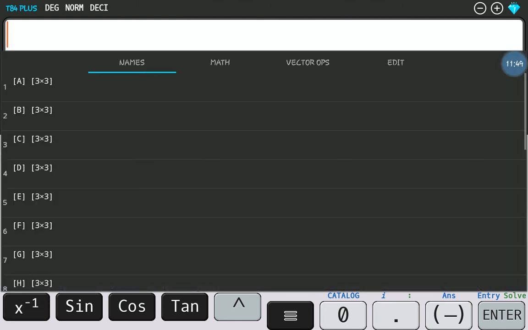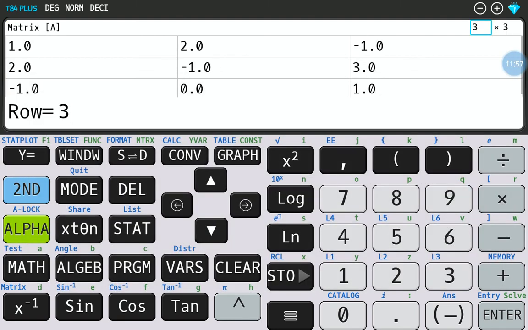So now I chose my number 1 as the given question B. So I go to edit and click my first one, so that I already put all the numbers there. So 1, 2, -1, you see that, right? 2, -1, 3, -1, 0, 1. So you manually input all the elements into the matrix form so that you can find your determinant and then the inverse matrix.